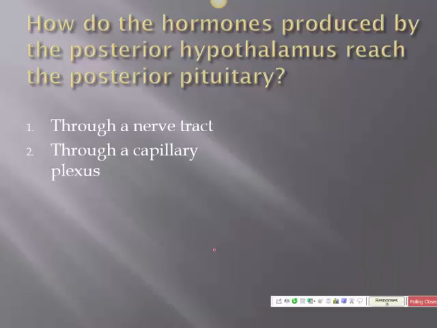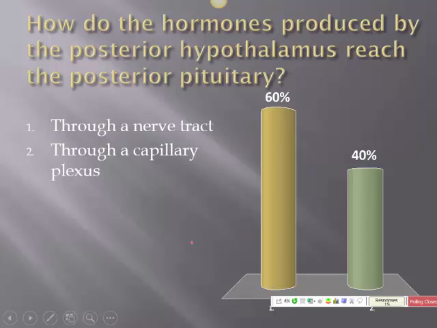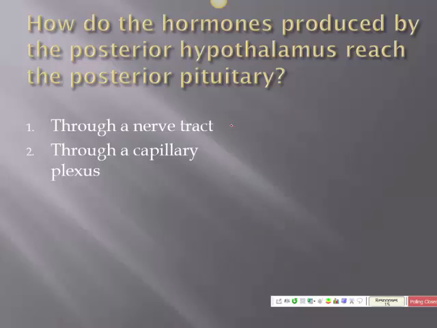So let's take a look at these two questions. How do the hormones produced by the posterior hypothalamus reach the posterior pituitary? Through a nerve tract. Yes, not through a capillary plexus. This is through a nerve tract, and that's why I showed you the picture.